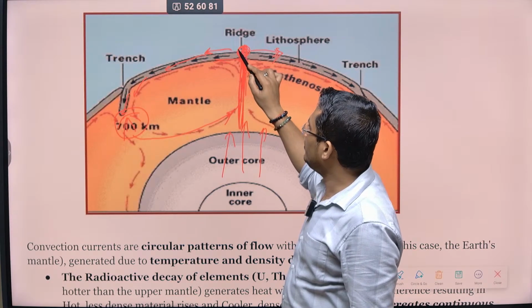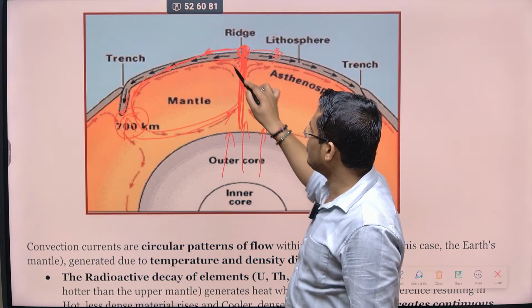It then moves upward to form new crust, and this continues like a continuous cycle.